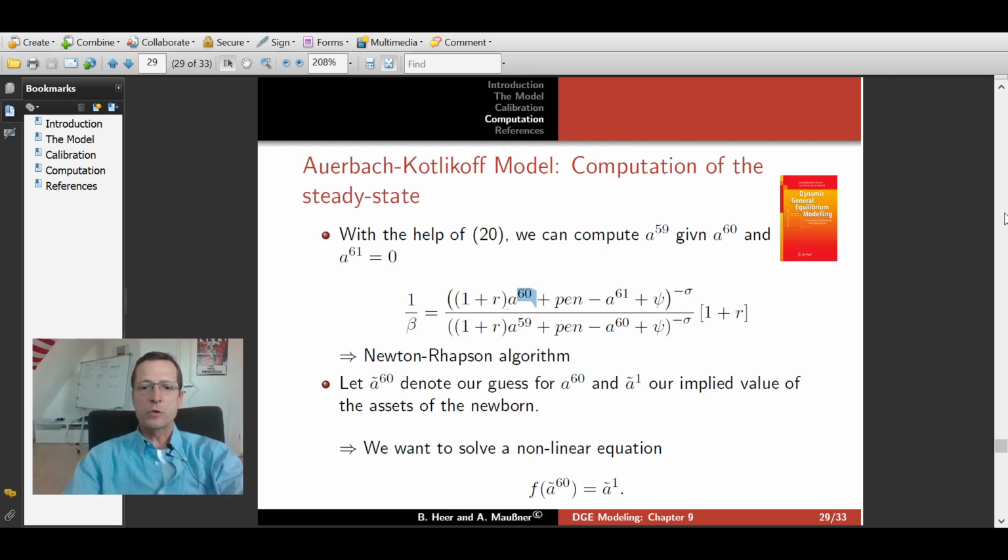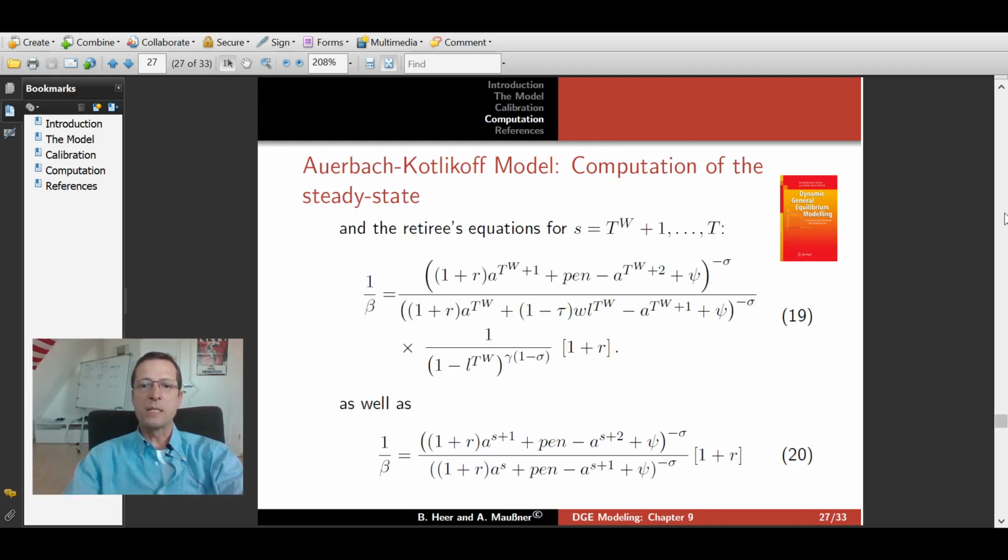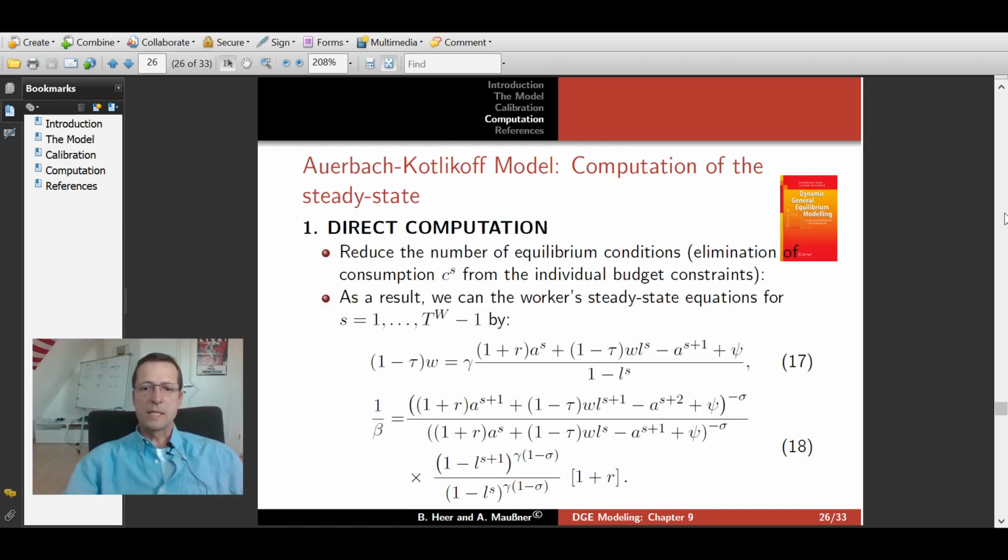One thing we of course have to consider is that once we get to the worker's age, TW, we also have to solve the labor supply condition, the first order condition with respect to labor 17 simultaneously.